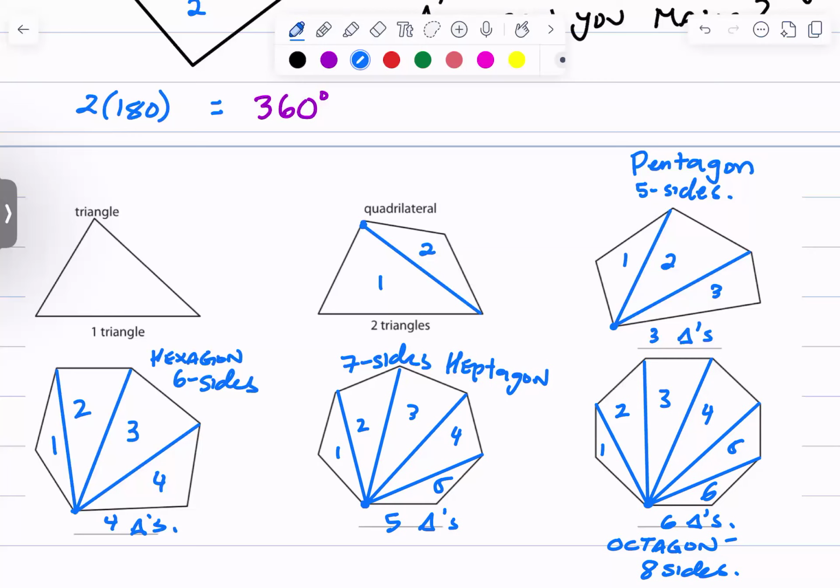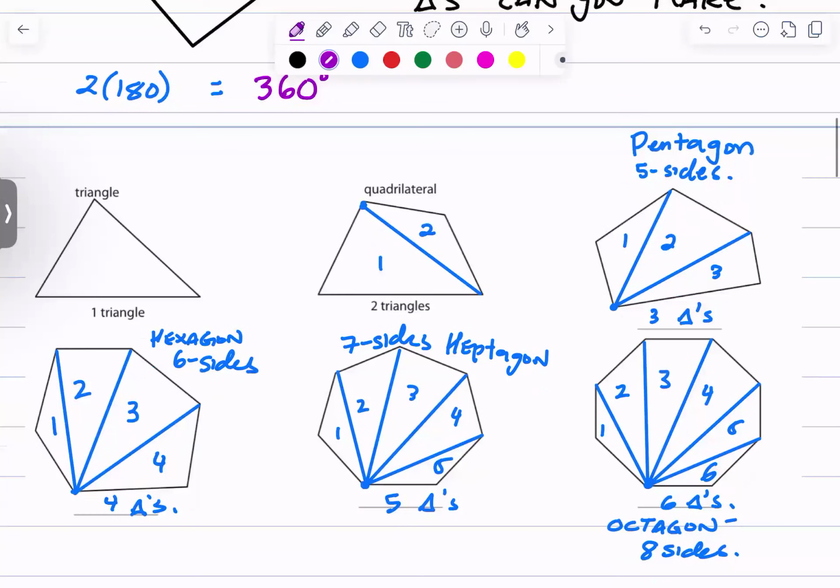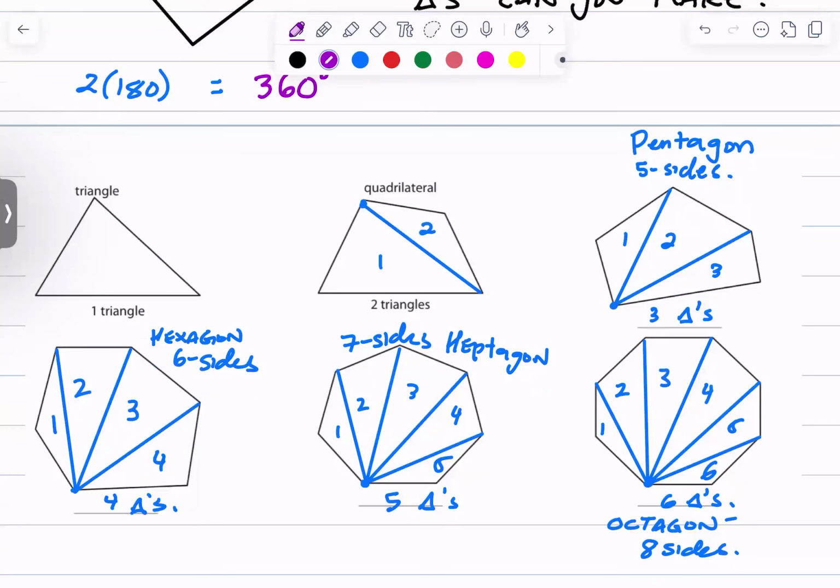Who sees the pattern? Raise your hand if you see a pattern between the number of sides it has and the number of triangles I can make.